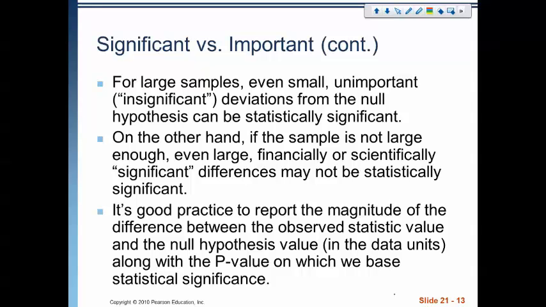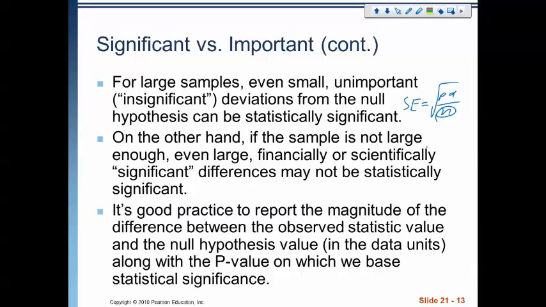For large samples, even small, unimportant, quote unquote insignificant deviations from the null hypothesis can still be statistically significant. Remember, when we have a large sample size, that shrinks our standard error, which is the square root of pq over n. The larger this n number is, the smaller the deviations away from the null hypothesis we can detect.